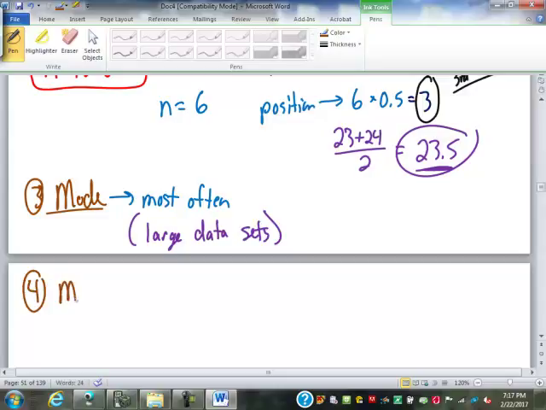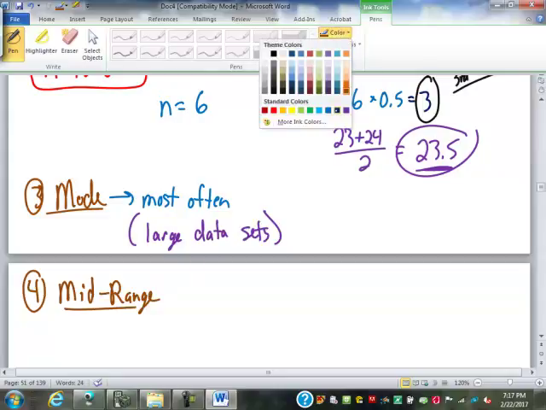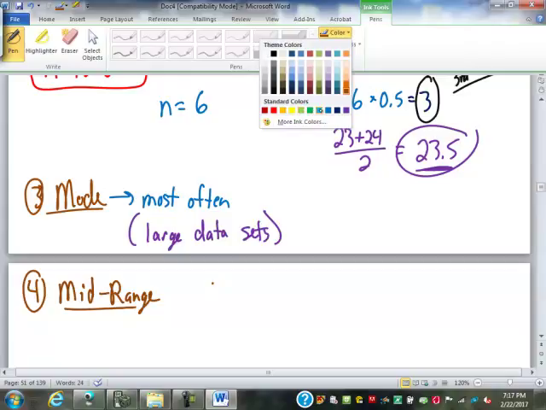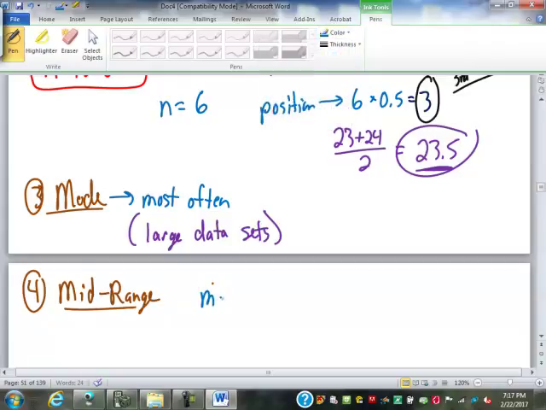There's a fourth one called the mid-range. The mid-range is found by taking the minimum number, the smallest number, and the largest number, the maximum, and averaging those two together. It's really the middle of the range.